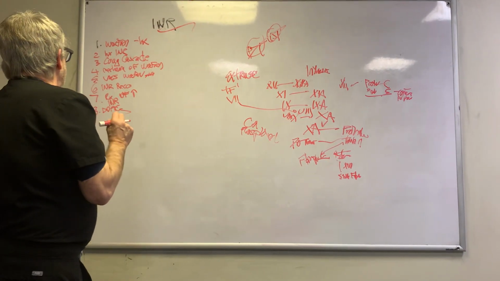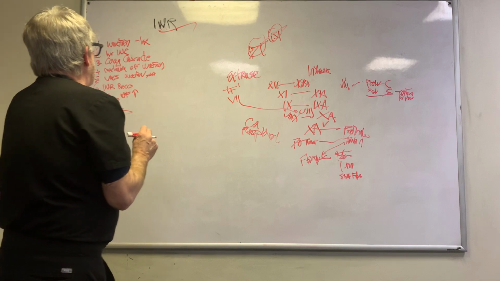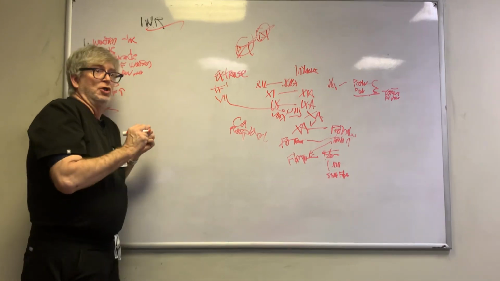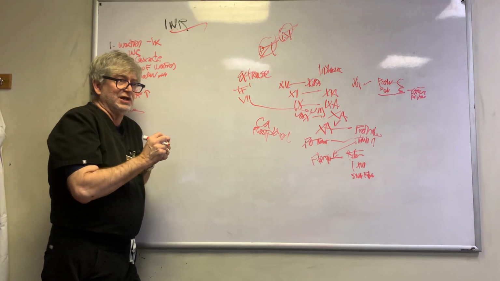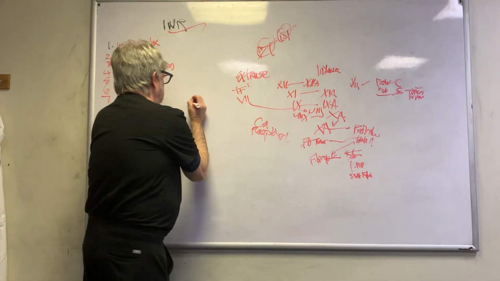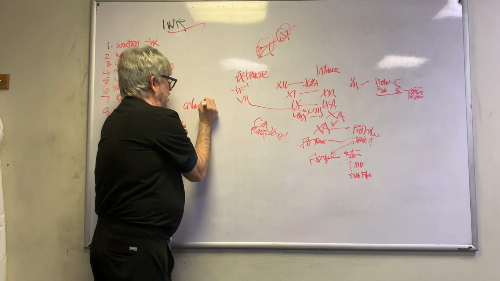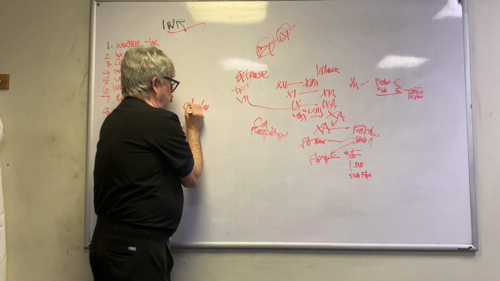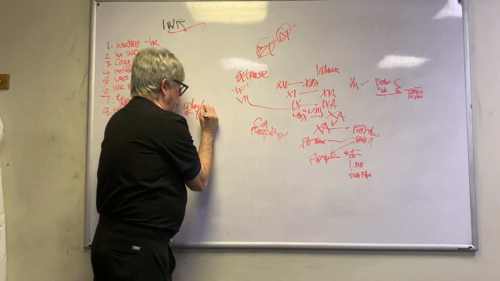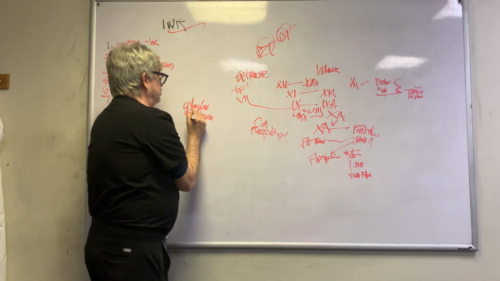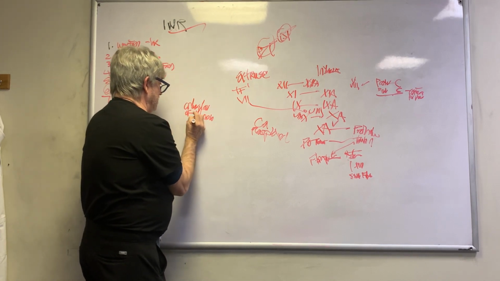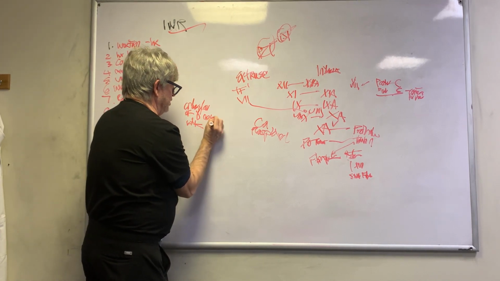Okay, so here's how warfarin works. Warfarin inhibits the carboxylation of gamma carbon in the synthesis of the factors by inhibiting the enzyme vitamin K reductase.